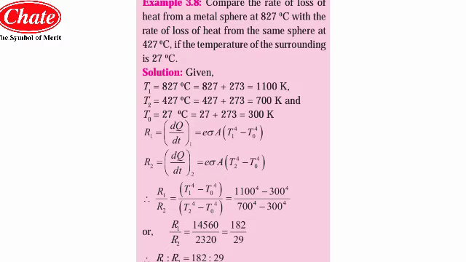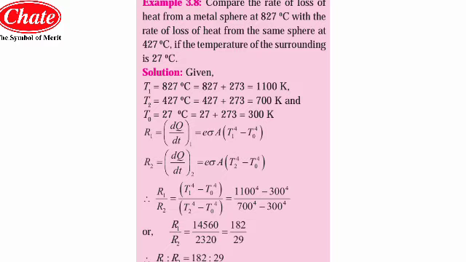Now students, we have to compare the rate of heat loss. First of all we need to calculate the rate of heat loss when the temperature was 827 degrees Celsius, or in Kelvin 1100 Kelvin, with the temperature at 427 degrees Celsius, or in terms of Kelvin when the temperature was 700 Kelvin.